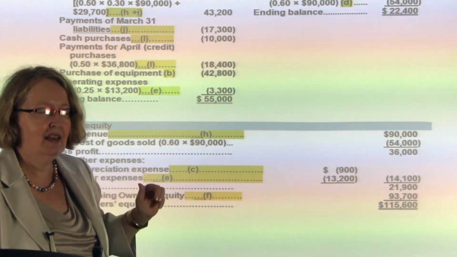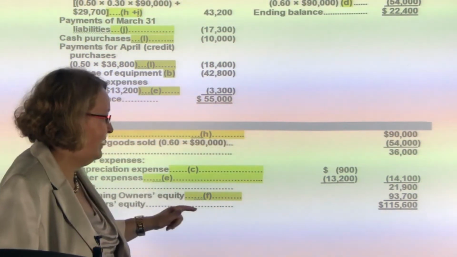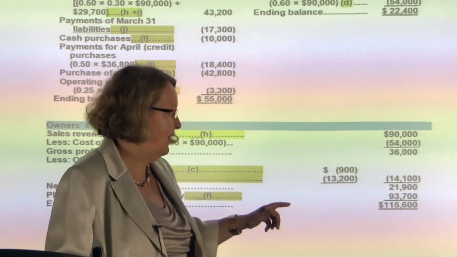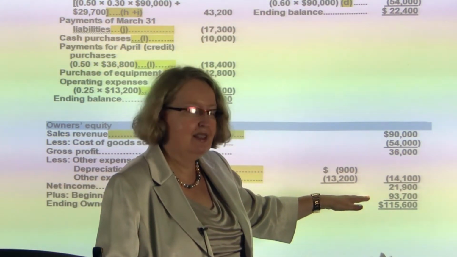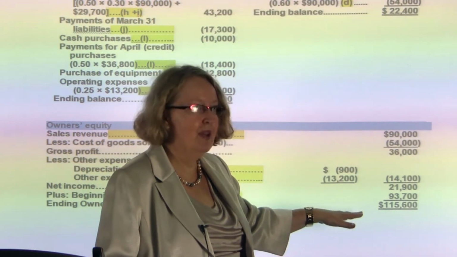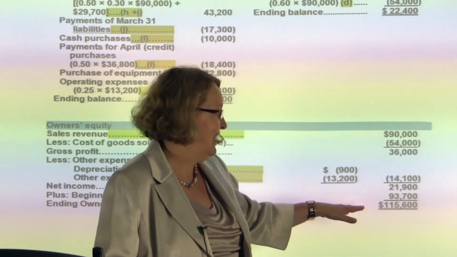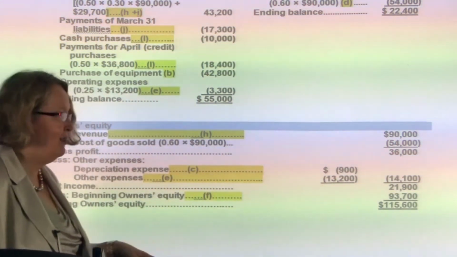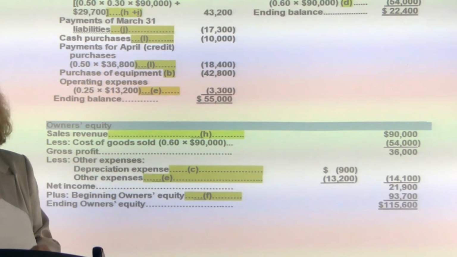It's the net income that's going to increase your owner's equity. So you add that net income for the month of April to your beginning owner's equity balance of $93,700 to come up with your ending owner's equity of $115,600. So that's where the numbers are coming from in each of the three schedules.